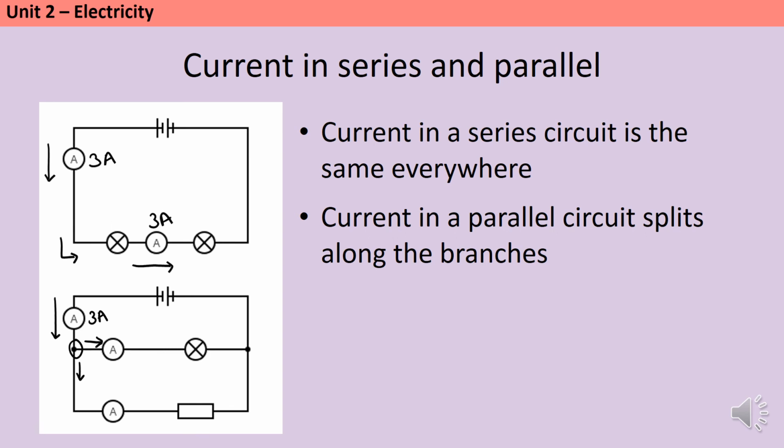But the important thing is that the branches still must add up. So if this ammeter reads 2 amps, then this one must read 1 amp. Or if this one read half an amp, then this one would need to read 2.5 amps. Whatever their readings, they must add up to be the same as the original ammeter. And when the branches join back up again on this right hand side of the circuit, again we would see a reading of 3 amps.